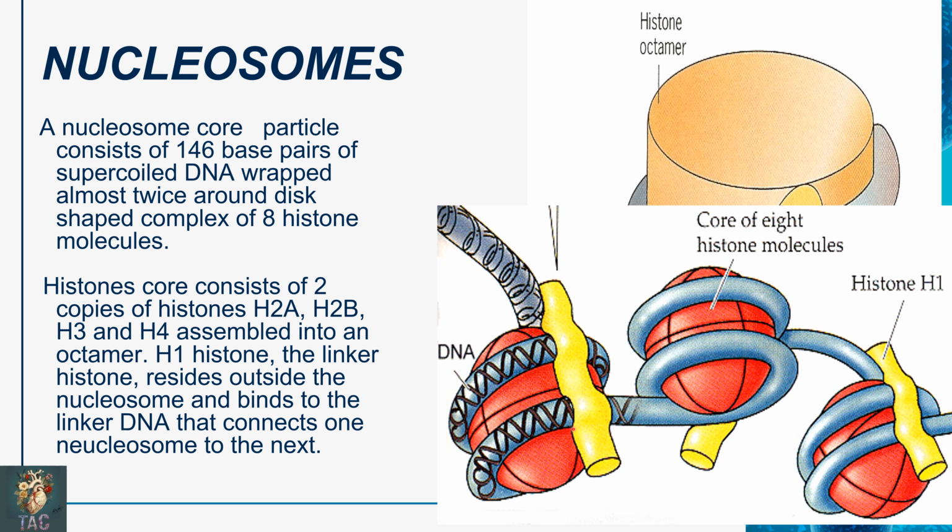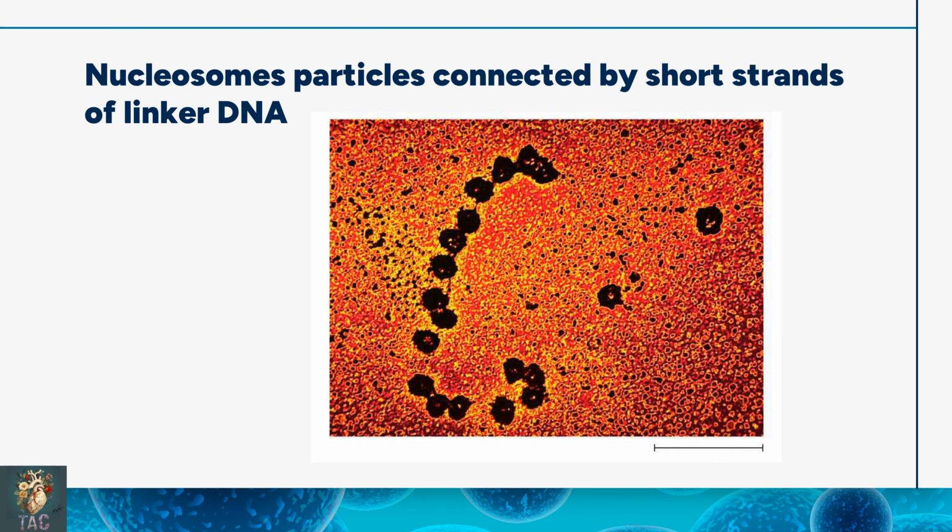In this diagram you can see the coiling of the DNA molecule around the histone octamer, and this is the linker DNA with H1 attached to the different nucleosomes. This is another structure of the nucleosome, and you can see how nucleosomes are formed and how they are attached to each other.